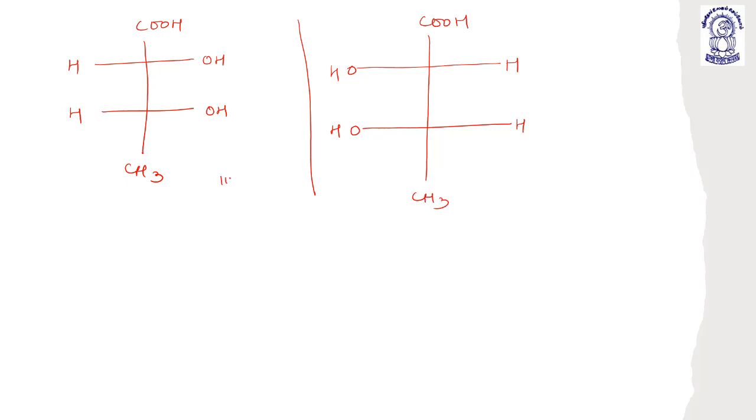These are also mirror images. So first and second and third and fourth are mirror images of each other. The four isomers are basically, this is the second pair of enantiomers.